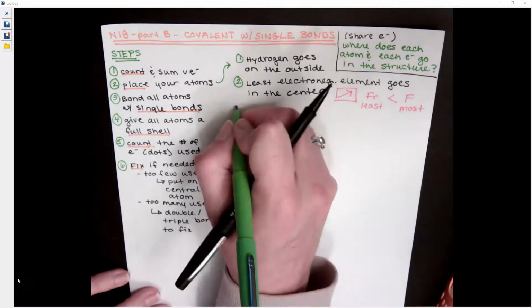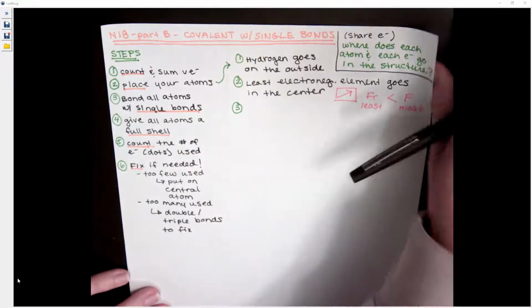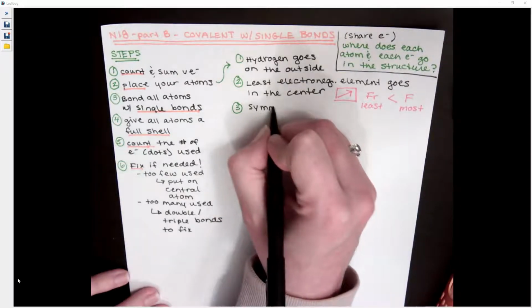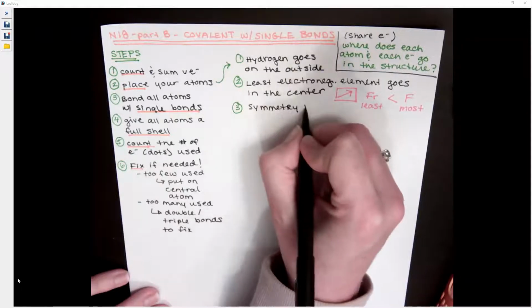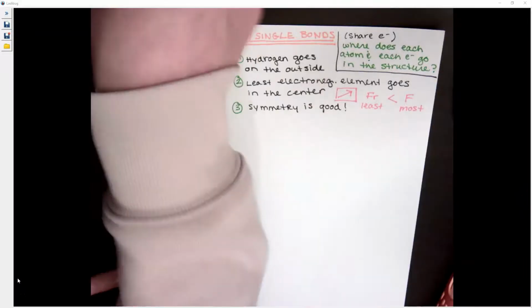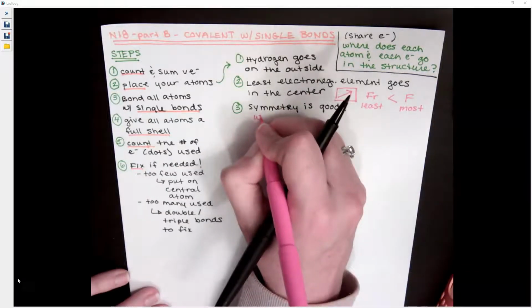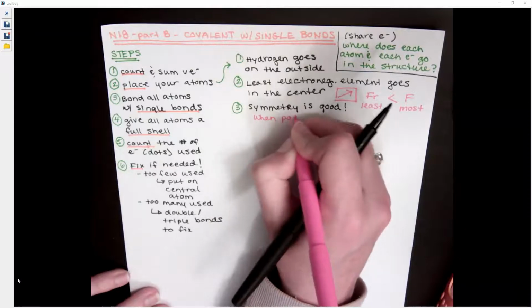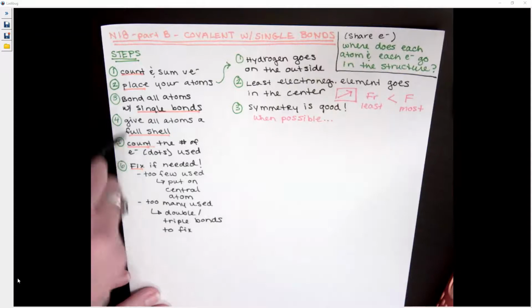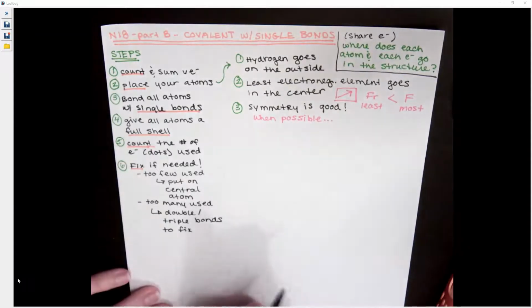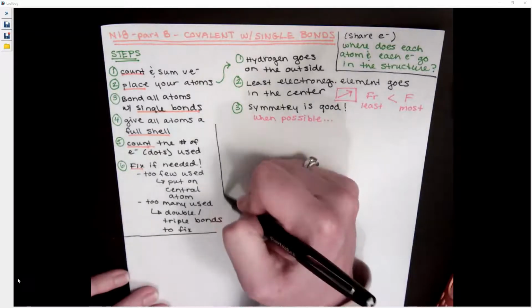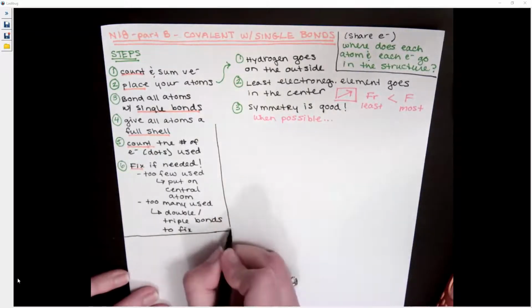And then remember, the last one is that symmetry is good. And remember, that's when possible, which doesn't always happen. Okay? So those are our rules. Remember, they're more like suggestions.